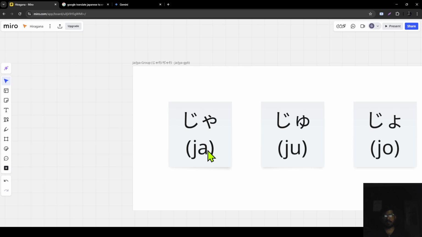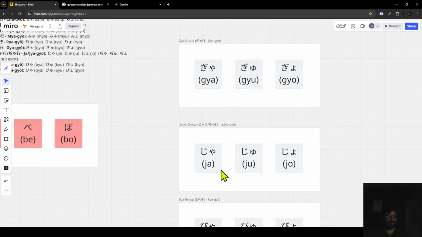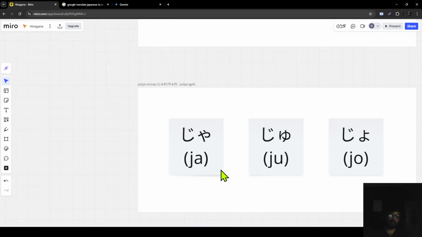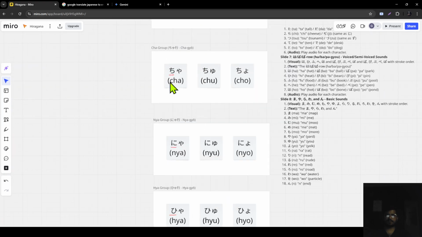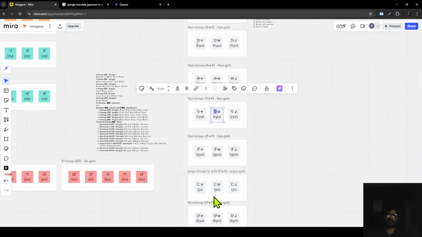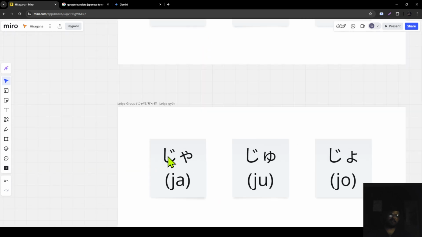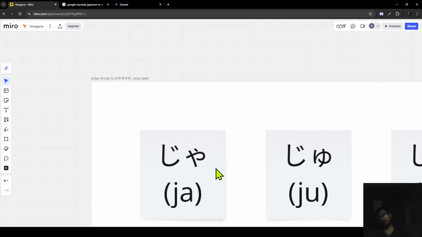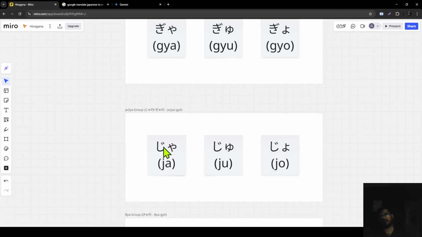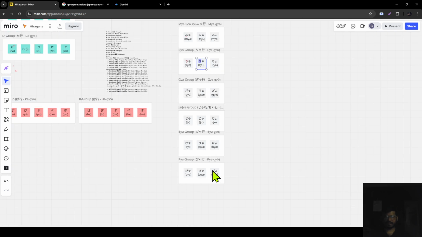The ones like shi and chi won't have a ya with them. Instead it would directly become sha, shu, sho, cha, chu, cho. Similarly, as you can see here, the shi with a dakuten becomes ji, ja, ju, jo. Got it?